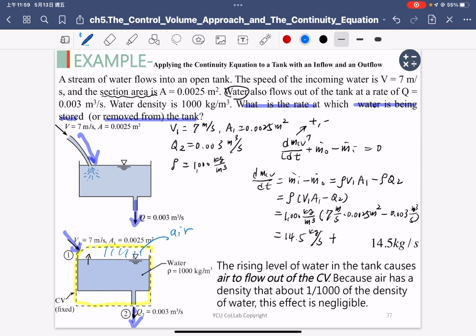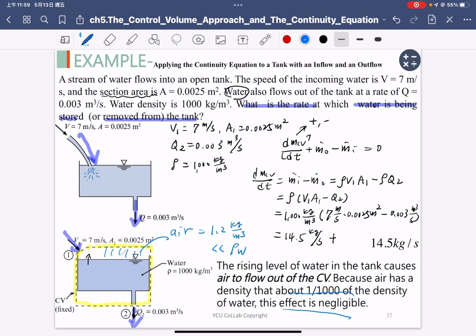But as we know, the air density may be equal to 1.2 kilograms per cubic meter. It's quite small compared to the water density. So we just neglect the volume change caused by the air. As the sentence shows here, we just neglect effects caused by the air spilling out.